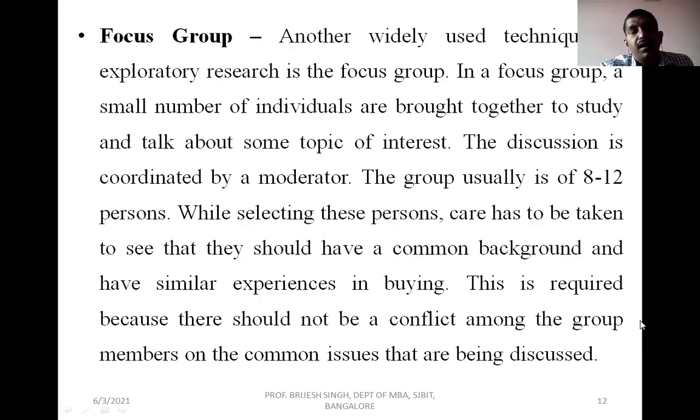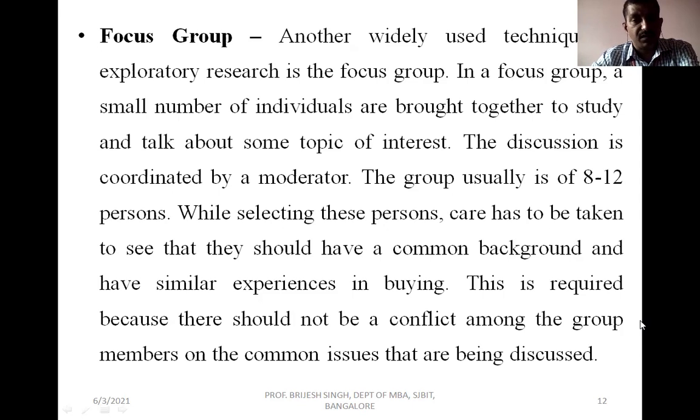In that process, there is one person as a moderator from the organization side. They will interact, and you can check what type of discussion output is coming out.